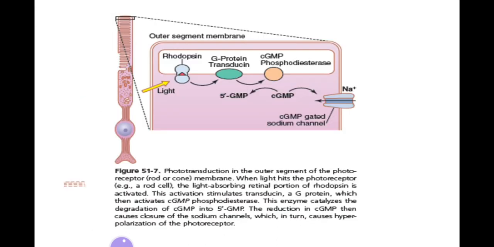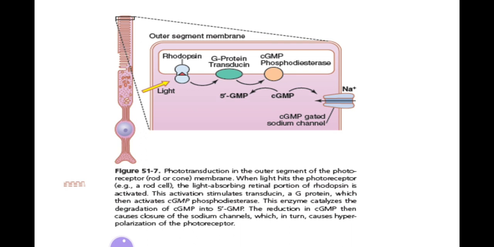This is again the repetition of phototransduction in the outer segment of the photoreceptors, which takes place when the light hits the rhodopsin. When the light falls, it activates the transduction. This picture shows how the sodium channel works in the presence of light and in darkness.